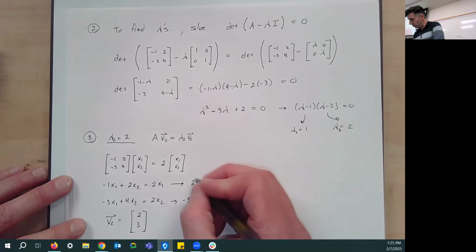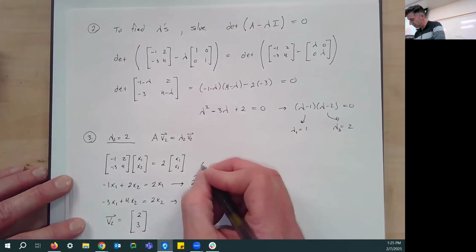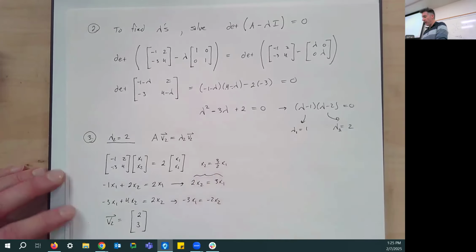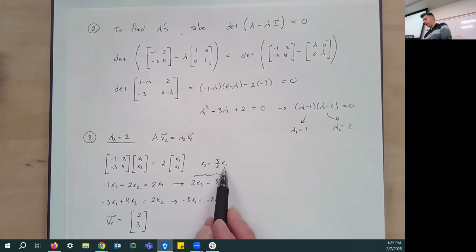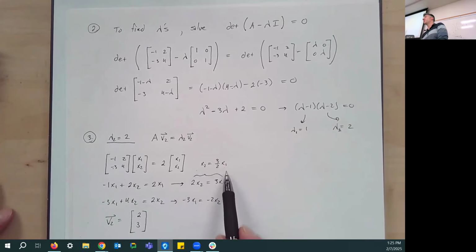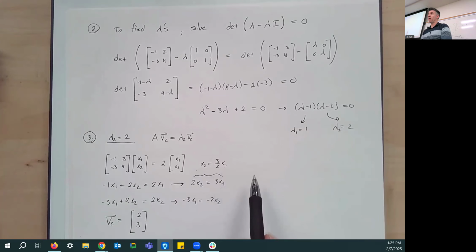If you really, really wanted to, you could have isolated and said x2 equals 3/2 x1, and you could have picked x1 equal to 2 and gotten x2 equal to 3, or you could have picked x1 equal to 1 and gotten x2 equal to 3/2, or pick any other number you like that isn't 0 and see what you get.